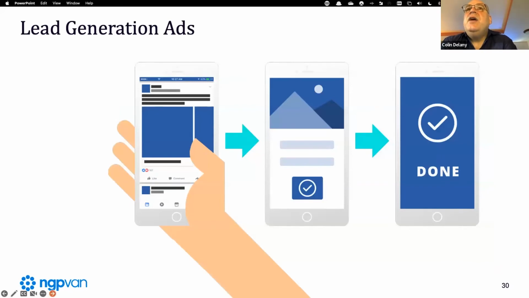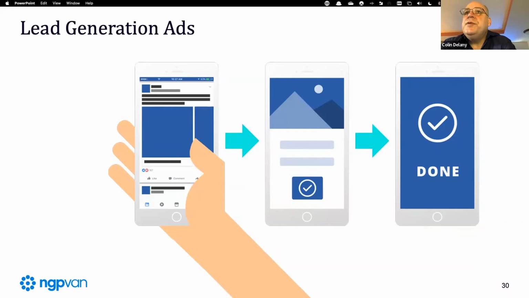So this automates the process of filling in the form for people. If someone clicks on a lead generation ad, Facebook will pre-populate their name, email, and other contact information. Then they'll have to go through a couple of screens and accept it, basically opting in expressly, which is good. And then once they're done, they're done.